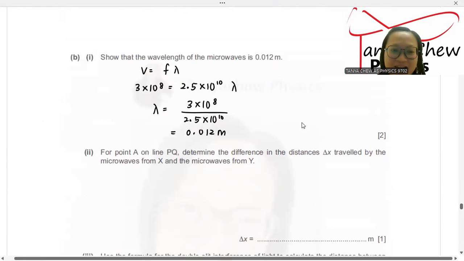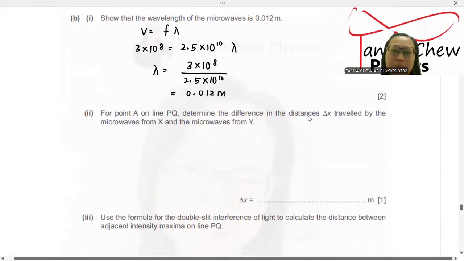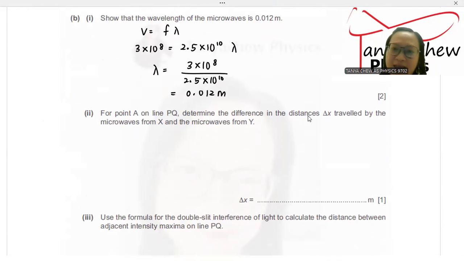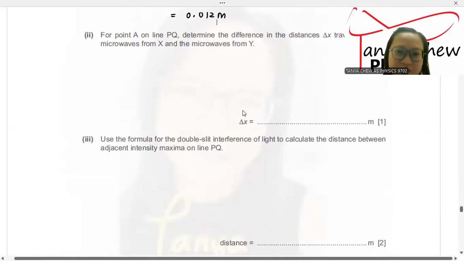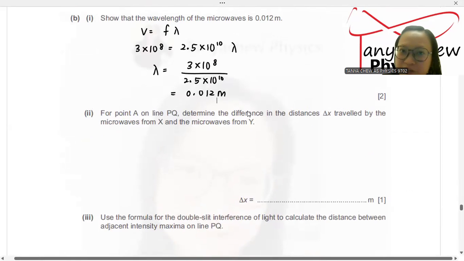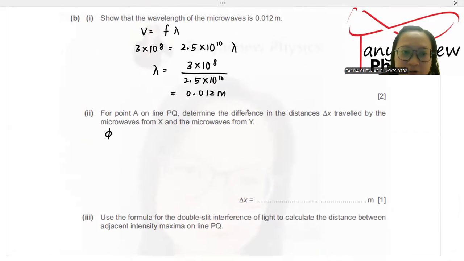That's it. Second part, for point A on line PQ, determine the difference in the distances delta x traveled by the microwaves from X and the microwaves from Y. Now, I'm going to use that phase difference of 90 degrees. Do you remember the equation of the phase difference? Phase difference over 360 degrees is equal to the path difference between the two sources X and Y, divided by wavelength.